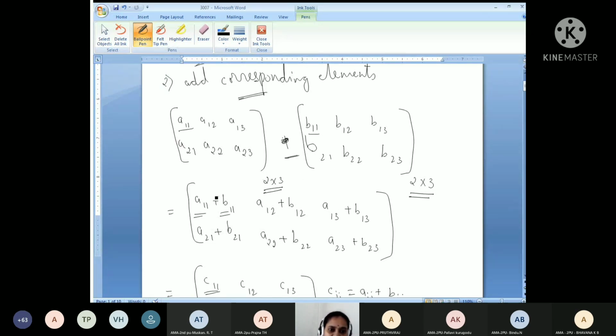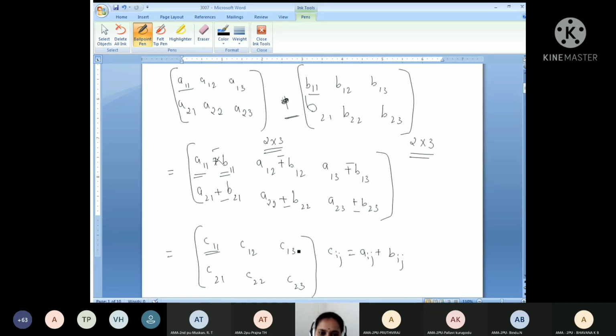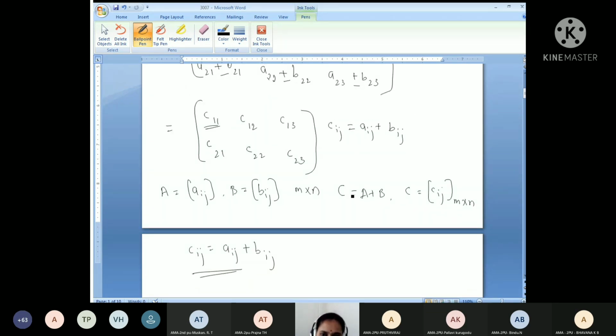Instead of plus, you should go for minus everywhere. So the answer will be, everything the same, but here instead of plus we write minus, and here also instead of plus we write minus. This is our addition and subtraction of matrices.